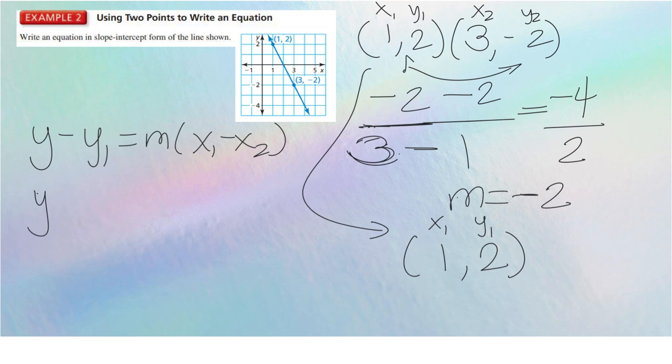We are not given y, but we're given y1, which is 2. Equals, our slope is negative 2, and our x1 is 1. And that here is our equation.